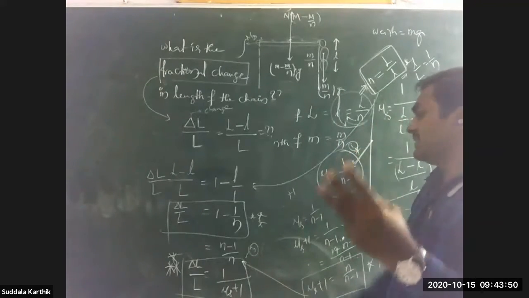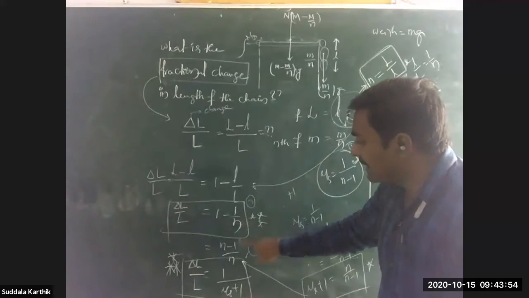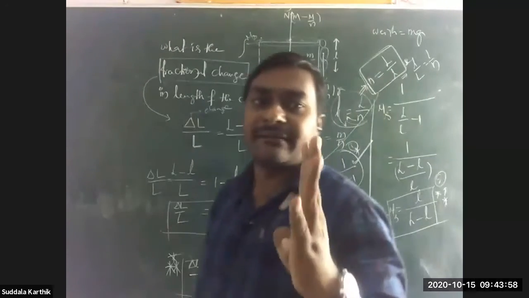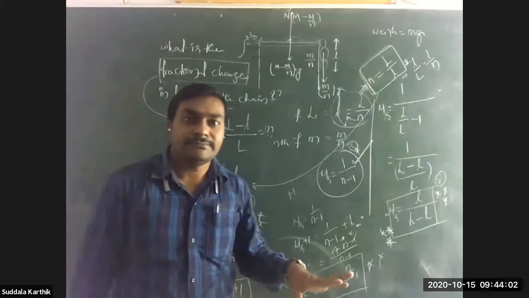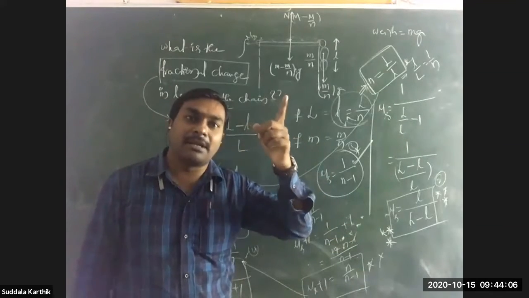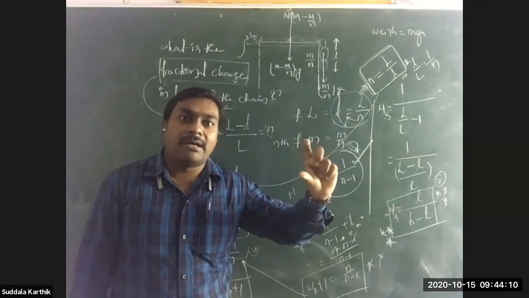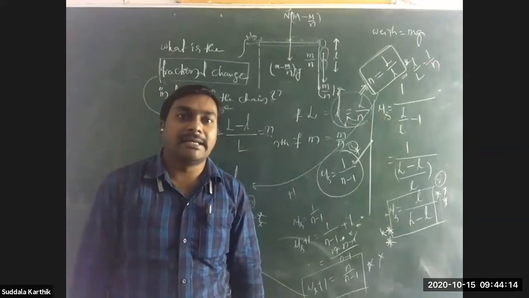The third equation is in terms of N, and this is in terms of mu s, the fourth equation. These four equations are very, very important and very useful. You can do the problems without calculation, just by seeing the problem and using the concept formula, then you can get the answers directly.